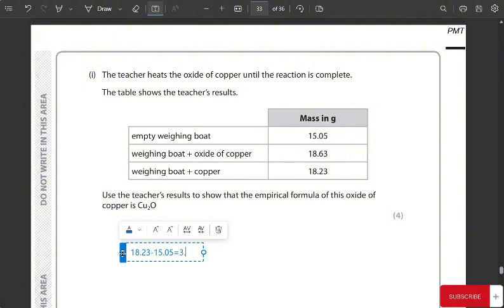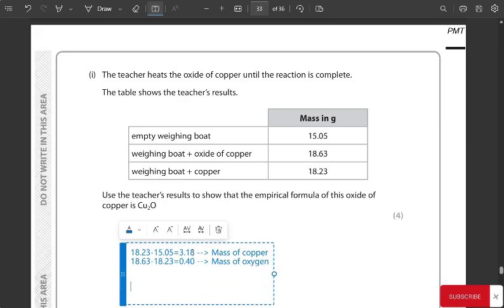The mass of copper is equal to 0.18. Okay, for finding the mass of oxygen, we will subtract 18.23 from 18.63, and the mass of the oxygen is equal to 0.4 or 0.40 grams.